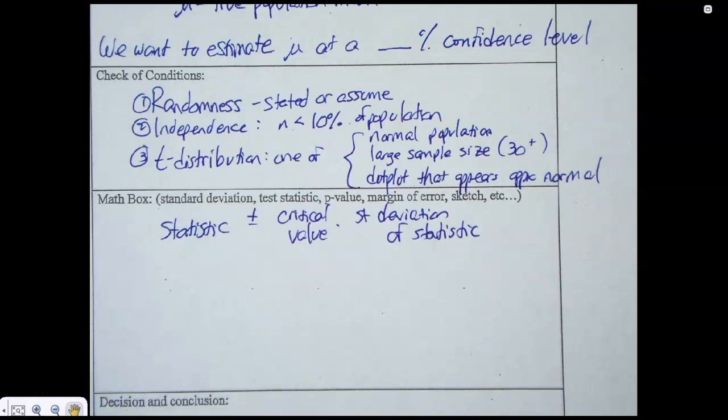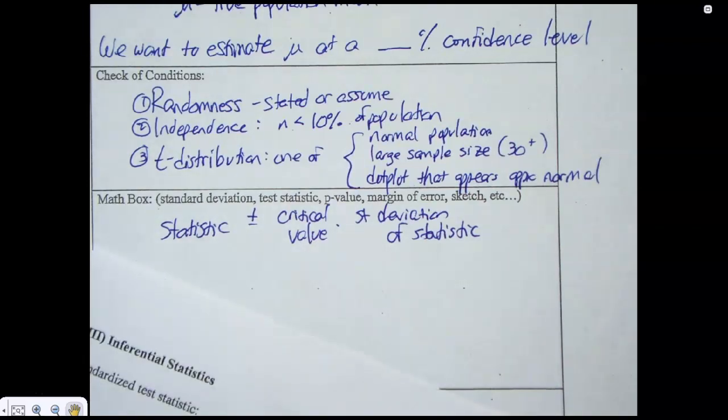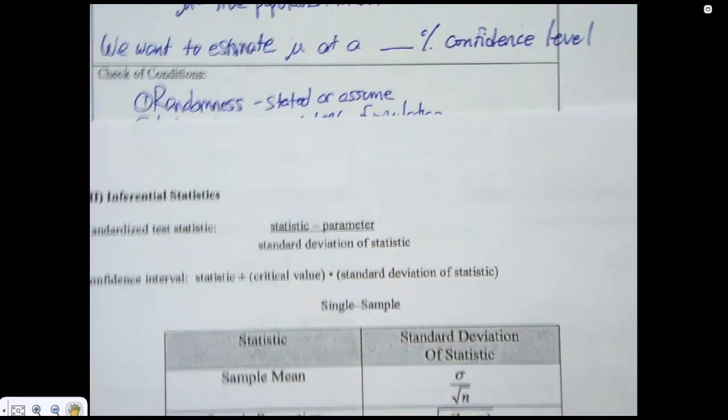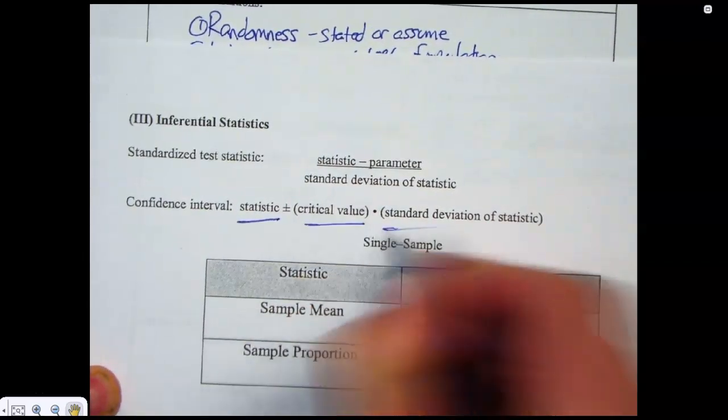So we've got the normal confidence interval: statistic plus or minus critical value times standard deviation of statistic.